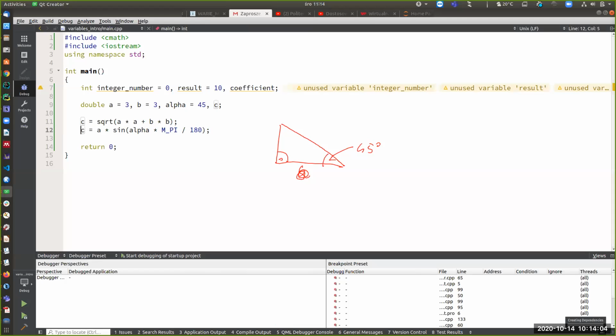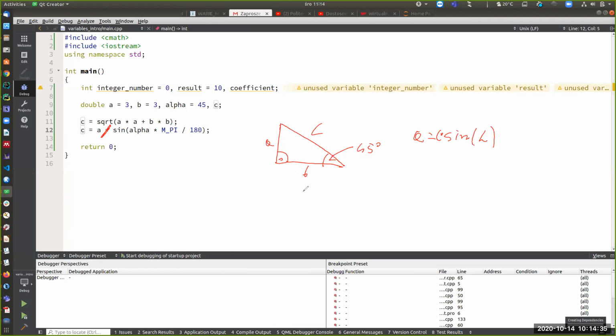Wait a moment. I have b and a, and in fact, to calculate c, the relationship is a is equal to c times sinus alpha. So here I should calculate c as a divided by sinus.